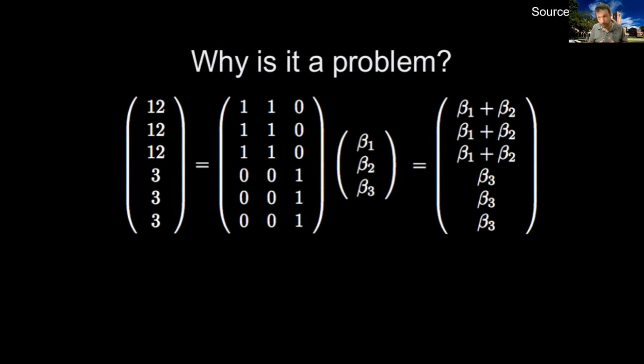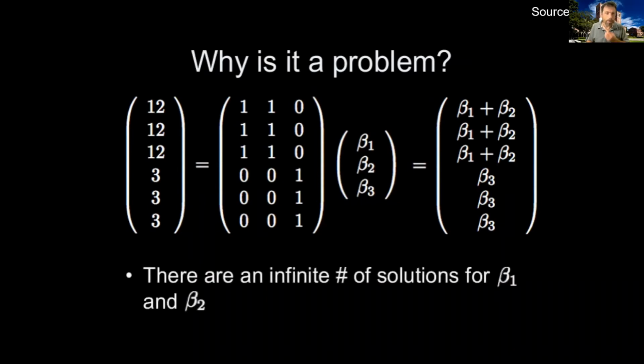What would beta 2 be? 124. If you add them up, you still get 12. So the real problem is that there are an infinite number of solutions for beta 1 and beta 2. And all of these solutions are equally good. There's no sense in which one of these solutions is better or more real than the other ones. They all are mathematically perfectly fine.